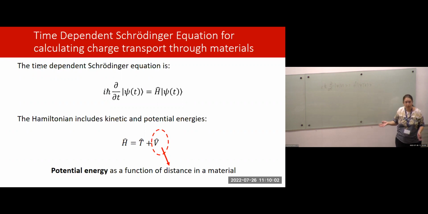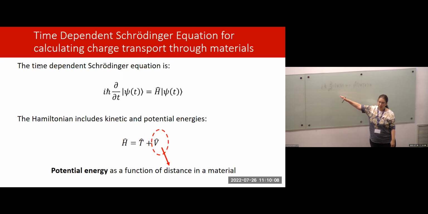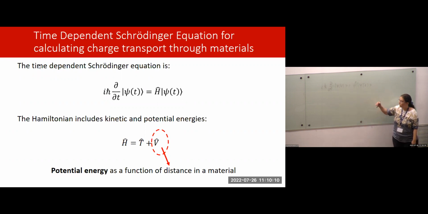Notice it's an ordinary differential equation, which depends on time. In order to solve this, we need some information. We need the initial condition. And this is something the user can specify: where the electron will be at the beginning, the initial energy, the initial location of the electron.